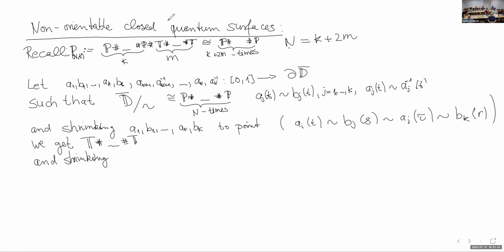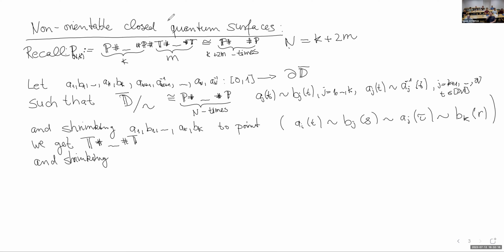So j from k plus 1 until the end, the last arc. Now we have N arcs, and P fixed. And here I say any point on the arcs shrinks to one point. So it leaves me with these K connected sum of Tori.